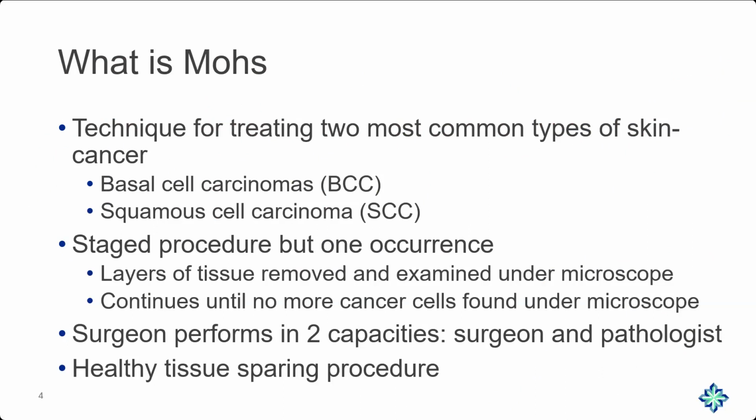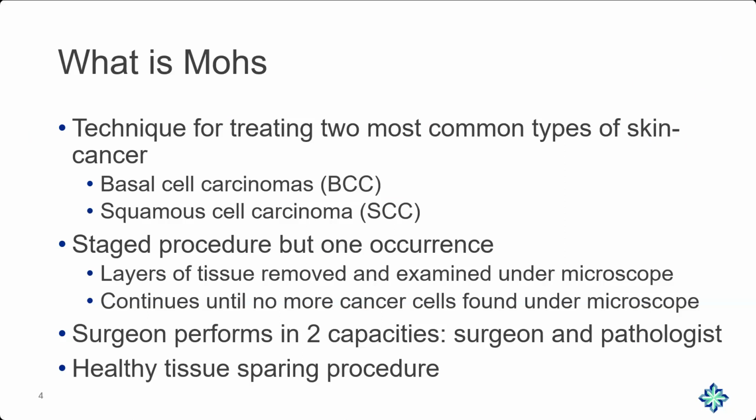So Mohs surgery is actually a two-step process, but the process is considered one occurrence. So two-step process, one occurrence. In this two-step process, the tumor is removed in stages, and that's followed by immediate histologic evaluation of the margins of that specimen.